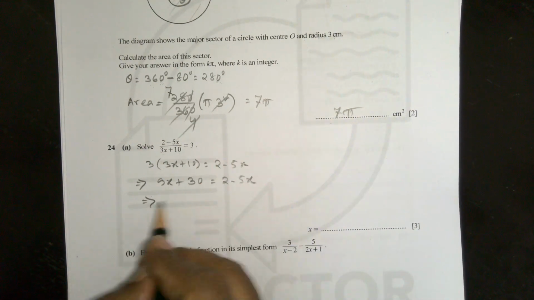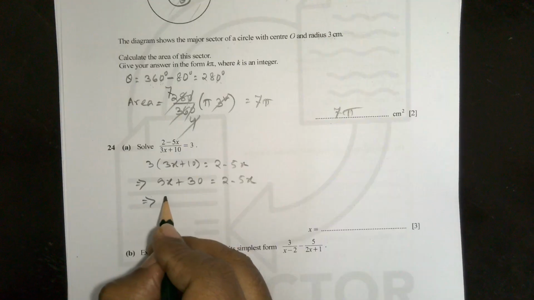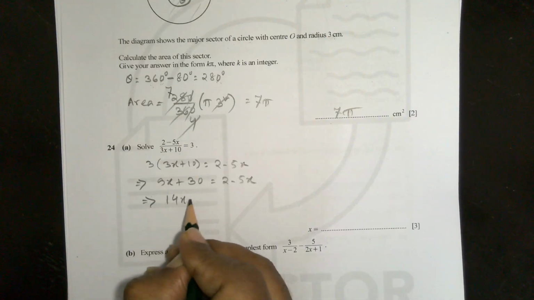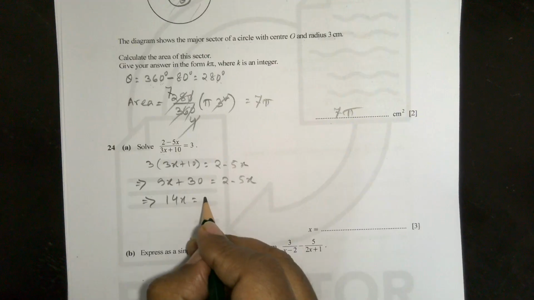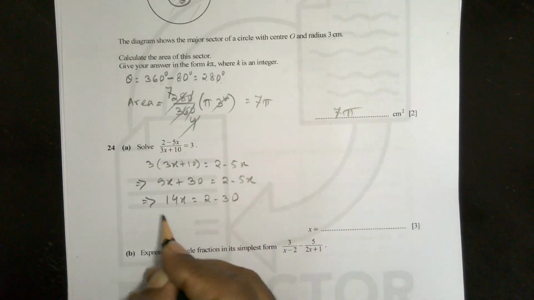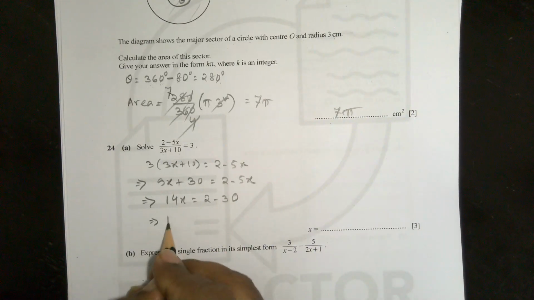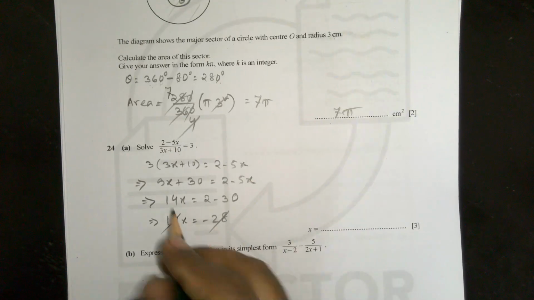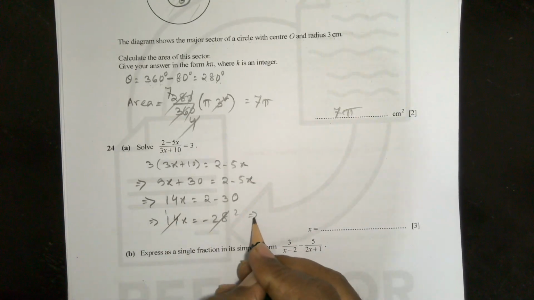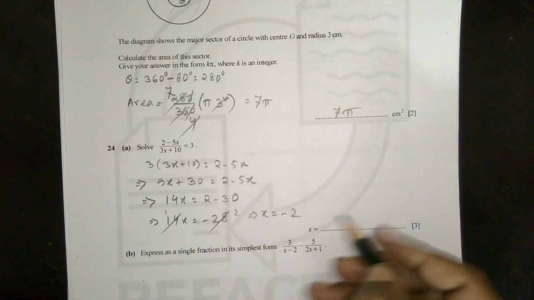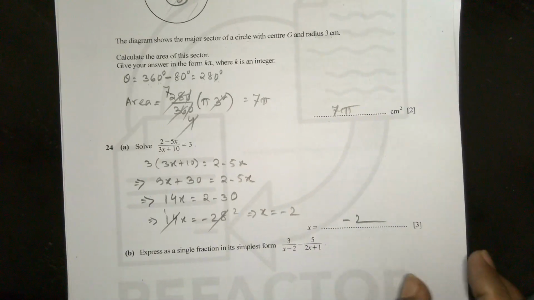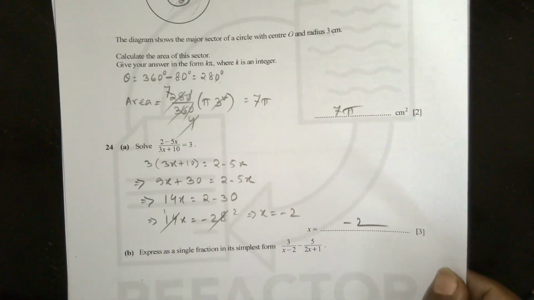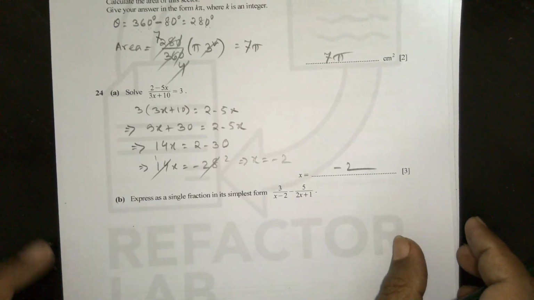If we add 5x to both sides, we get 9 plus 5, 14x. And we subtract 30 from both sides, we get 2 minus 30. So I have 14x is equal to minus 28. If we divide both sides by 14, x is negative 2. Okay. Important.